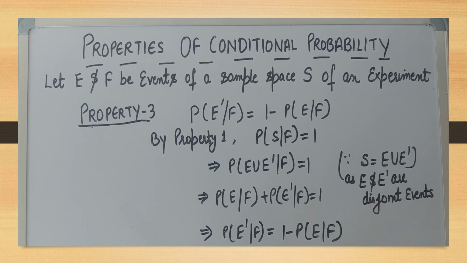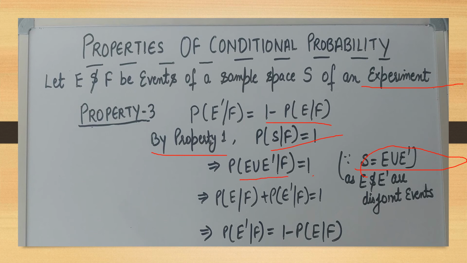The third property is that if E and F are events of a sample space S of an experiment, then probability of E complement under F is 1 minus probability of E under F, right? You know by property number 1, which we have done, that probability of S under F is 1. You can write S as E union E complement, because E and E complement are disjoint sets, so nothing is common. So probability of E union E complement under F is 1.